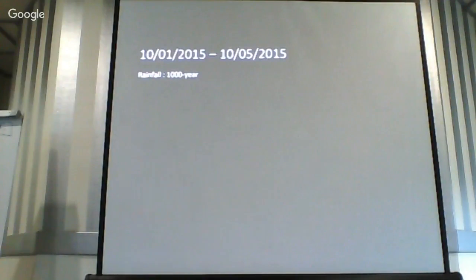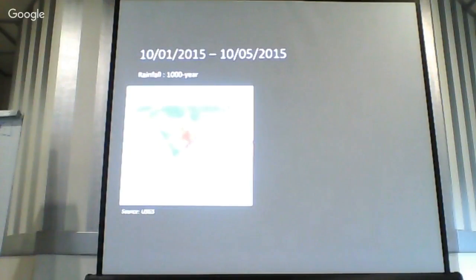This rainfall event occurred from October 1st to the 5th in 2015. It's a 4-day period, and this is a 1,000-year event because, if we look at occurrence intervals, in many locations in South Carolina the total rainfall amount during these 4 days exceeded the 500-year or 1,000-year return period.